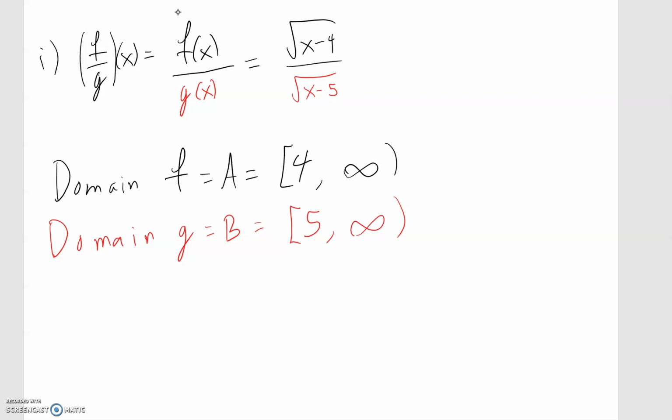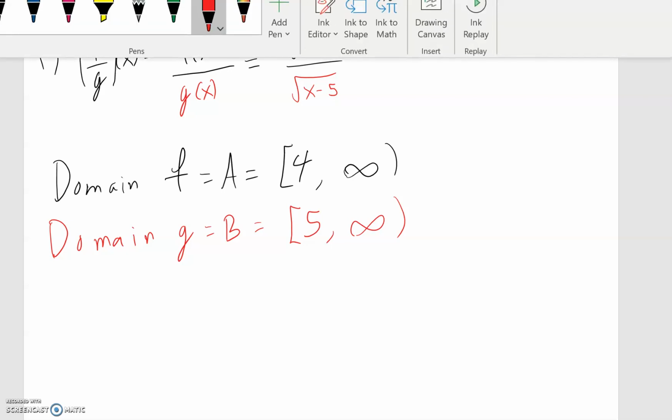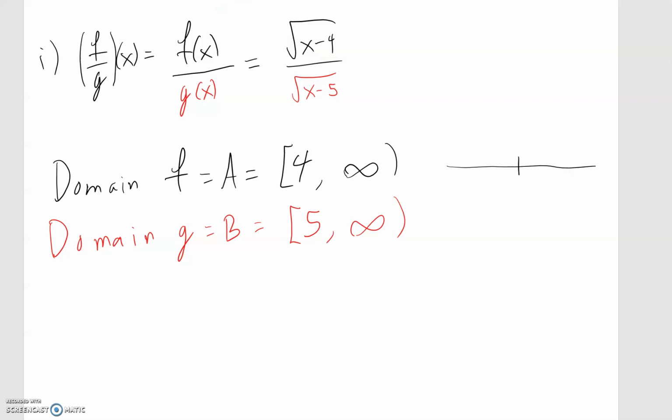Now the question is, what does that intersection look like? Let me represent this by number lines. So here's 4, a bracket, I draw an arrow. For the domain of g, here's 5, a bracket, and I draw an arrow. Now, where do these two sets overlap?